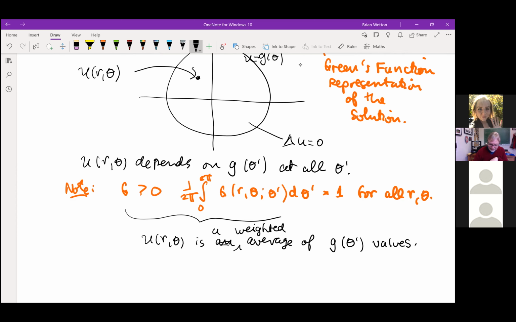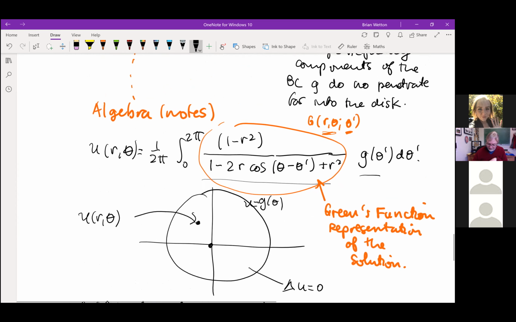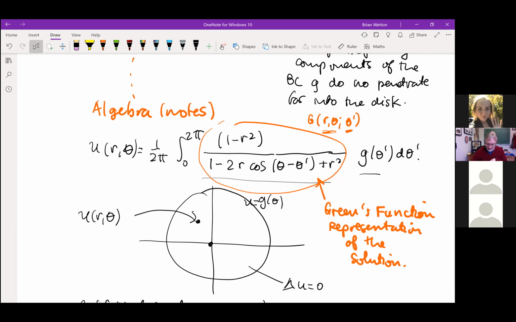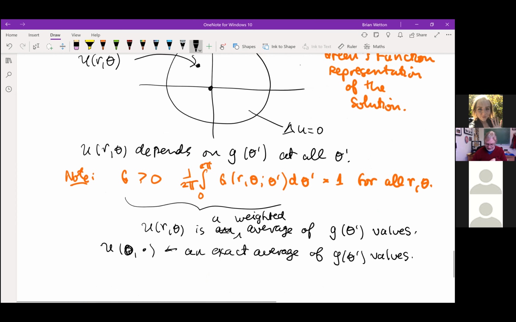And if you look at the value in the middle, this is an exact average of g of theta prime values. When r is equal to 0, that term's gone, that term's gone, that term's gone. You're just integrating from 0 to 2 pi g of theta prime. So it's the average of the boundary values that you see in the middle.